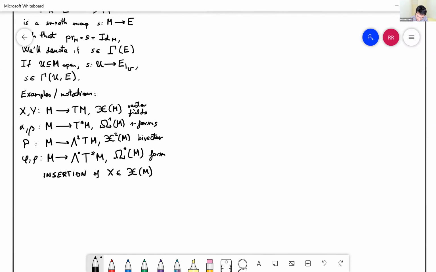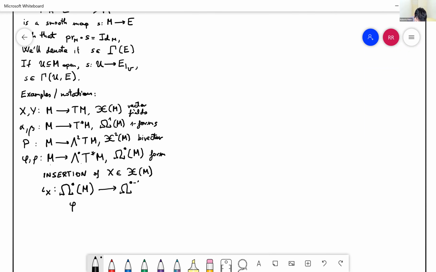If you took a look at the notes I sent you, this was defined just at the level of the bundles. So this insertion says: whenever you give me one of these forms, which for each point is an element of this exterior power of T*M, call it φ, I'm going to give you another element of those forms.